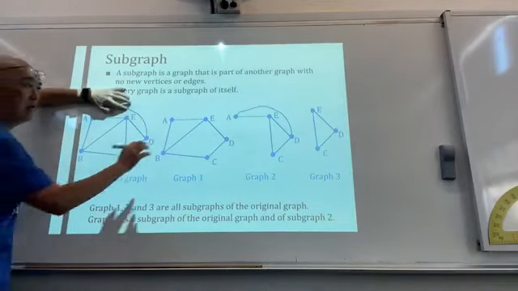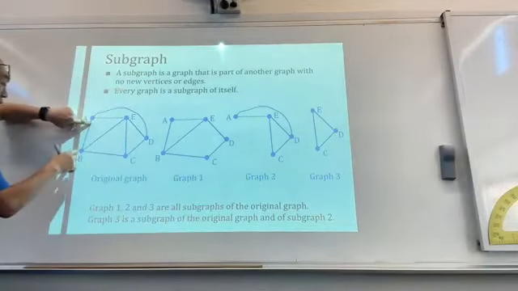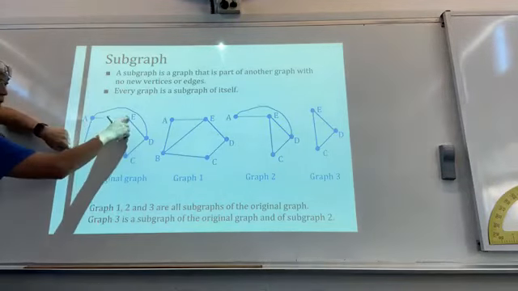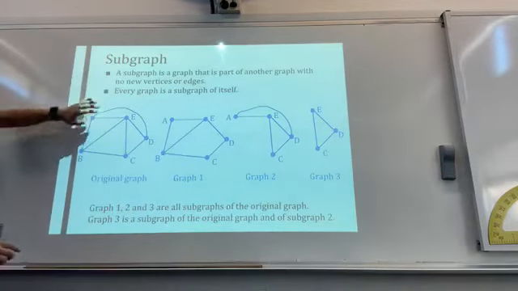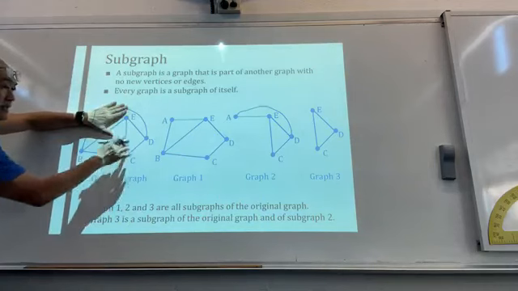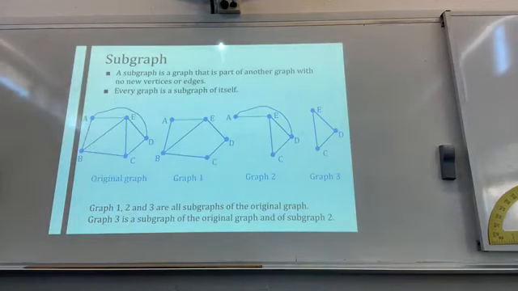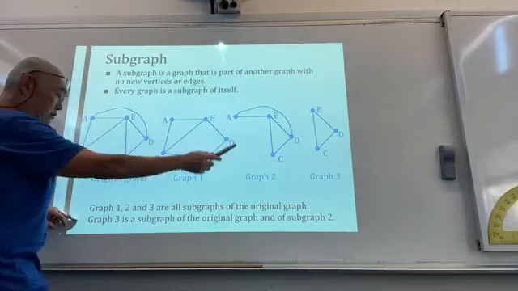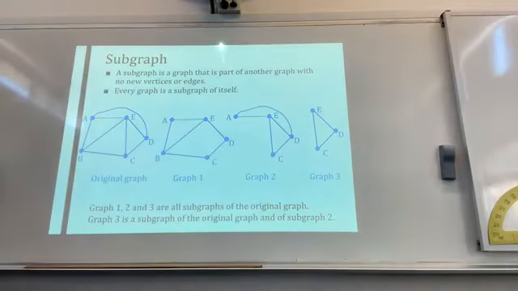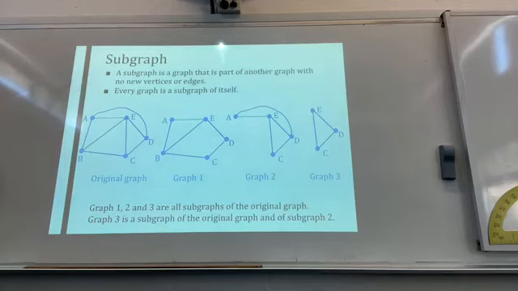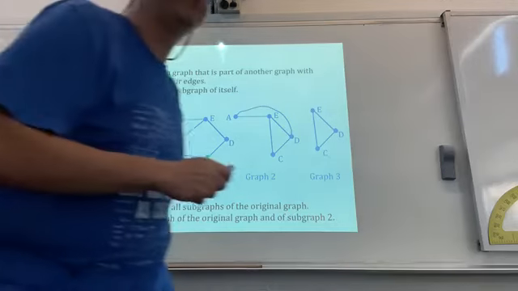All right, if I take away AB, BC, and BE, there's another subgraph. If I take away everything, this is another subgraph. All right, graph 1, 2, and 3 are all subgraphs of the original graph. Okay, now note that graph 3 is also a subgraph of graph 2. So it's part of the graph, and you just need to be able to redraw it.